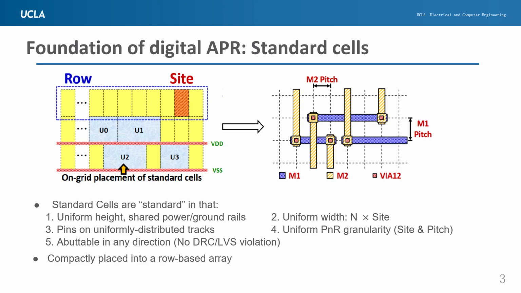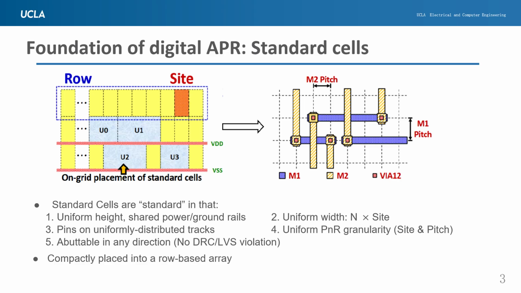Their width should be integer multiples of site, where site is usually the contact poly pitch. They have pins on uniformly distributed tracks, and they have uniform place and route granularity called site and pitch. And most important of all, they are abuttable in any directions without causing any DRC or LVS violations. This standardization makes it possible for the tool to compactly place the cells into row-based arrays.